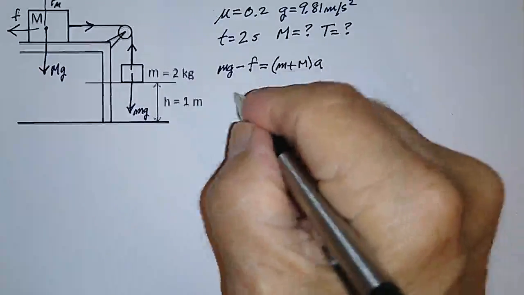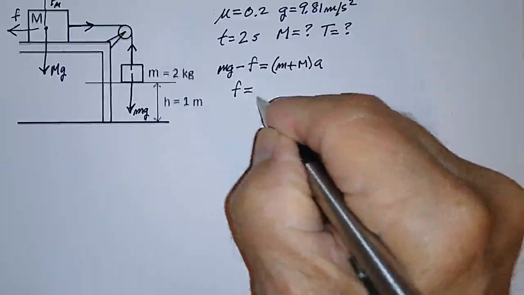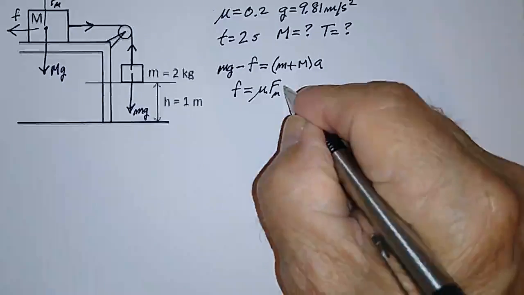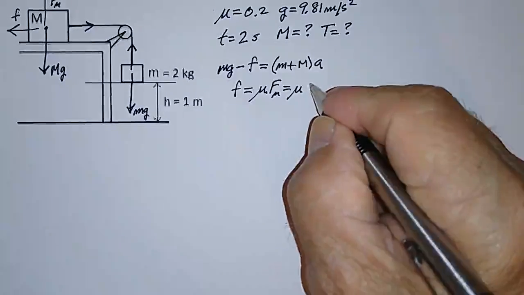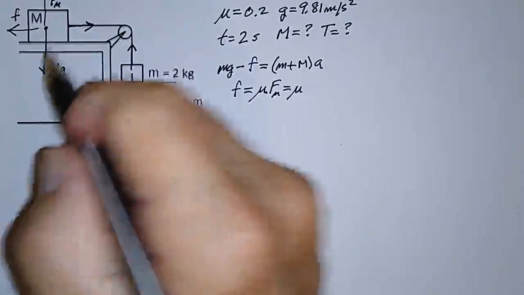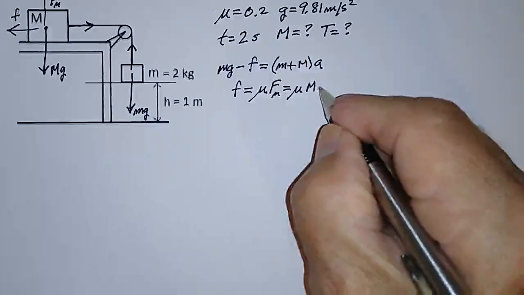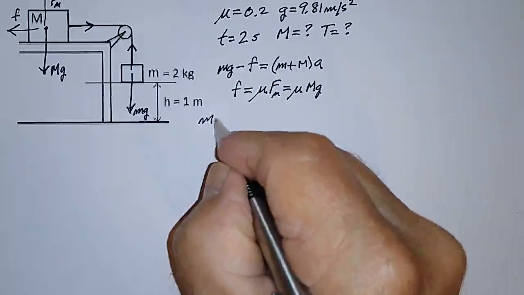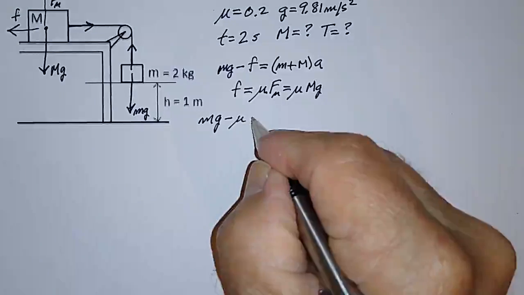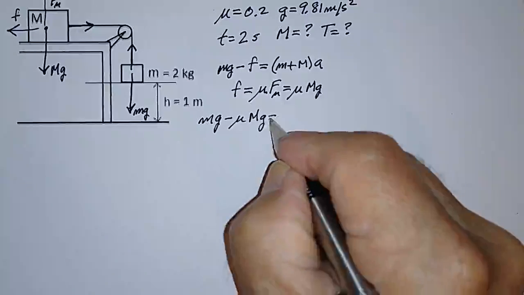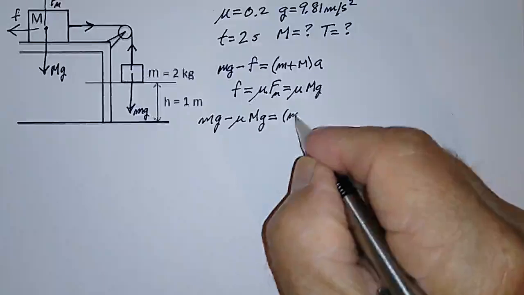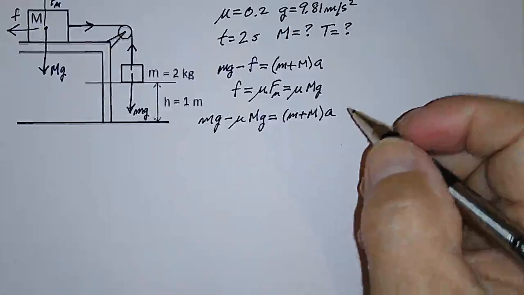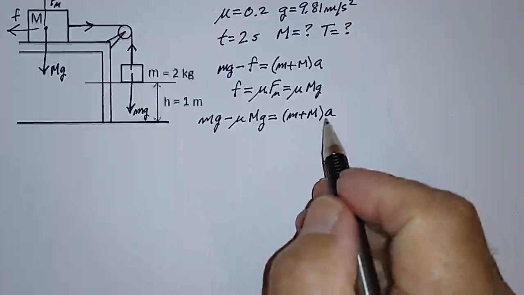So the frictional force, little f, is equal to the sliding coefficient of friction times the normal force, so that's equal to mu times, well, the normal force is just equal to the weight, big Mg, like that. So I can rewrite this equation as little mg minus mu big Mg is equal to little m plus big M times a. And then I'll just solve this equation for big M.